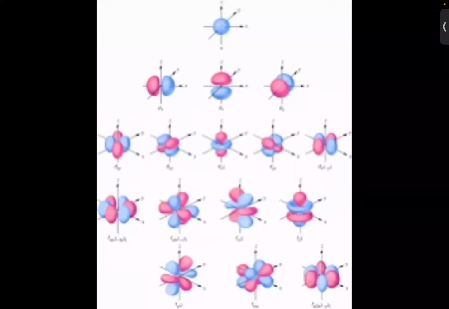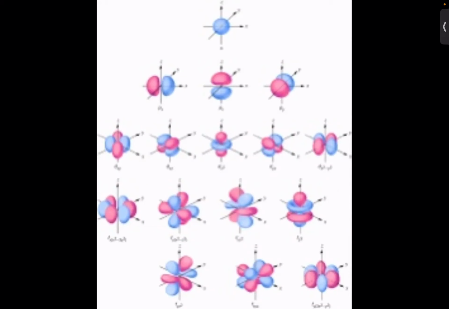So the S subshell had 1 m sub L value, and it's spherical. It's that top one. That is an S orbital. The P subshell had 3 orbitals.